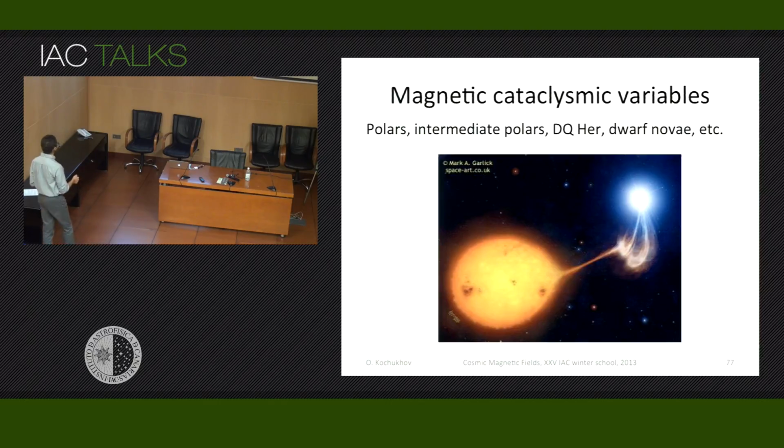We have a white dwarf and a dwarf star which loses its mass, and the white dwarf accretes and maybe displays some dwarf nova events. There are also thermonuclear explosions, and that could be a situation for type 1a supernova, of course.